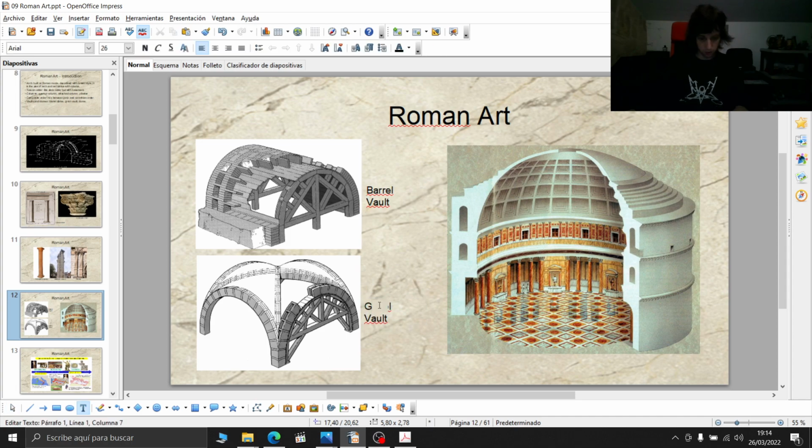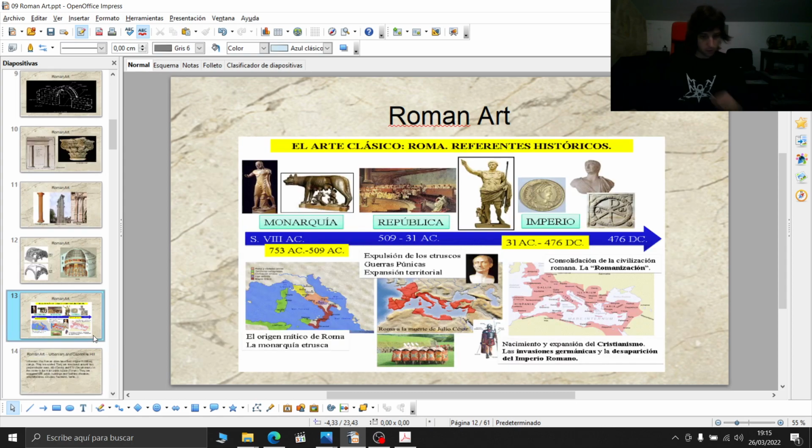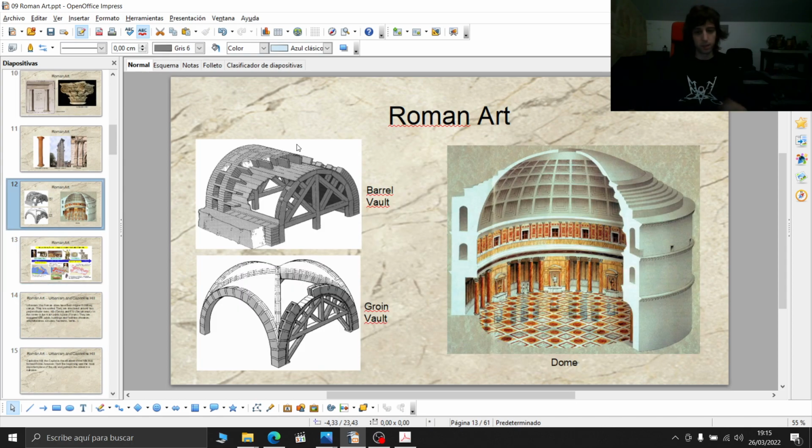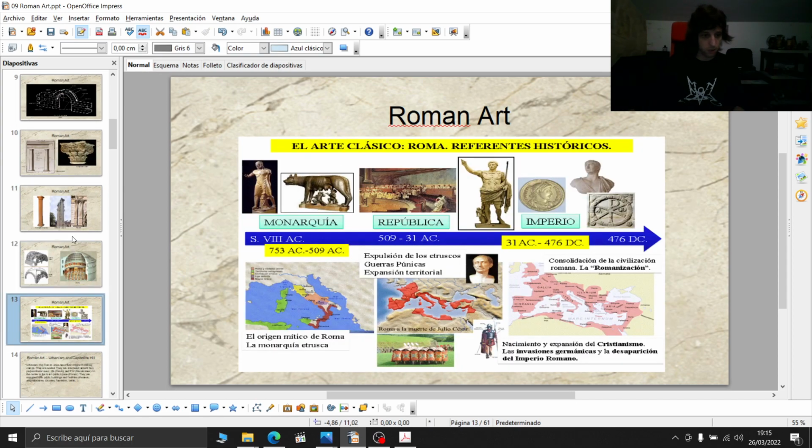This was groin vault. And this the dome. And this building is the Pantheon that will appear later. This is for the introduction.